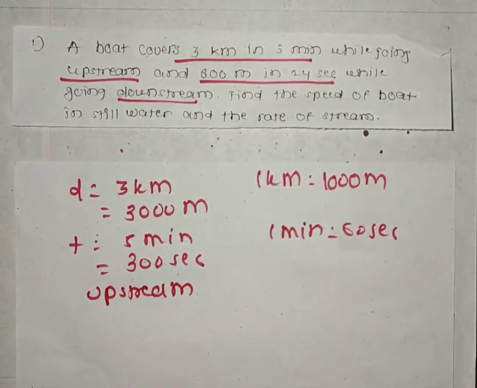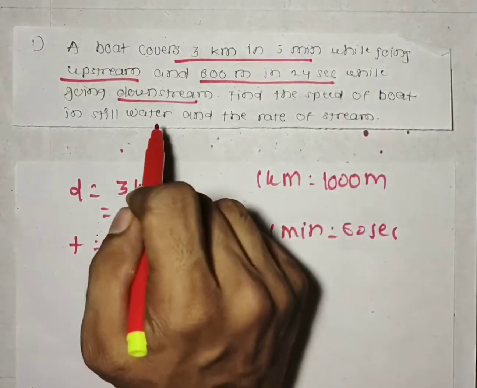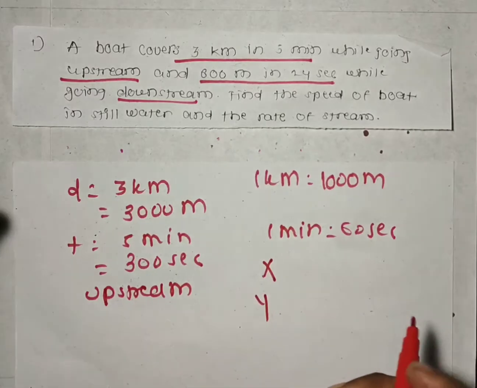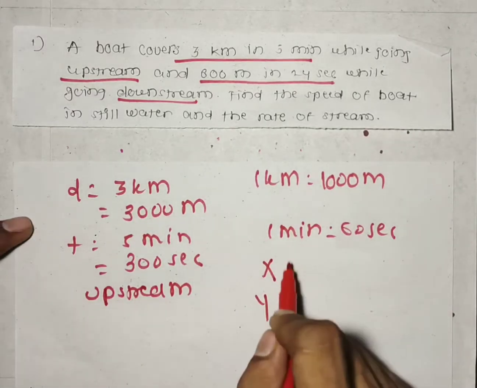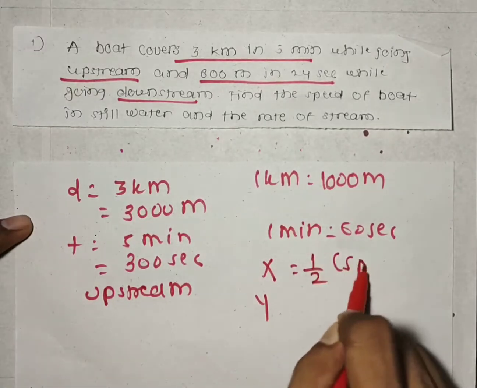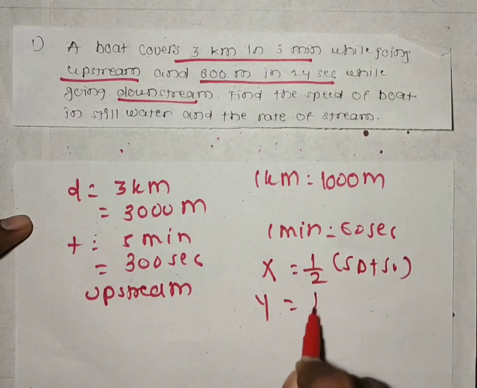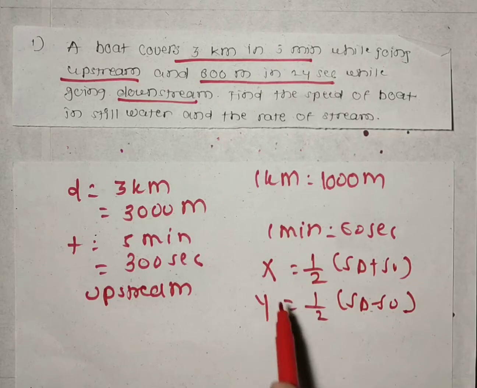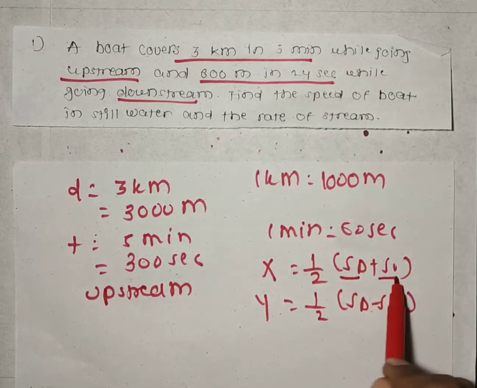Now let's see. We have to find the speed of the boat in still water, x, and the rate of stream, y. We know the formulas: x is equal to 1 upon 2 of sd plus su, and y is equal to 1 upon 2 of sd minus su. But before solving these, we should know the values of sd and su, which we don't know here.